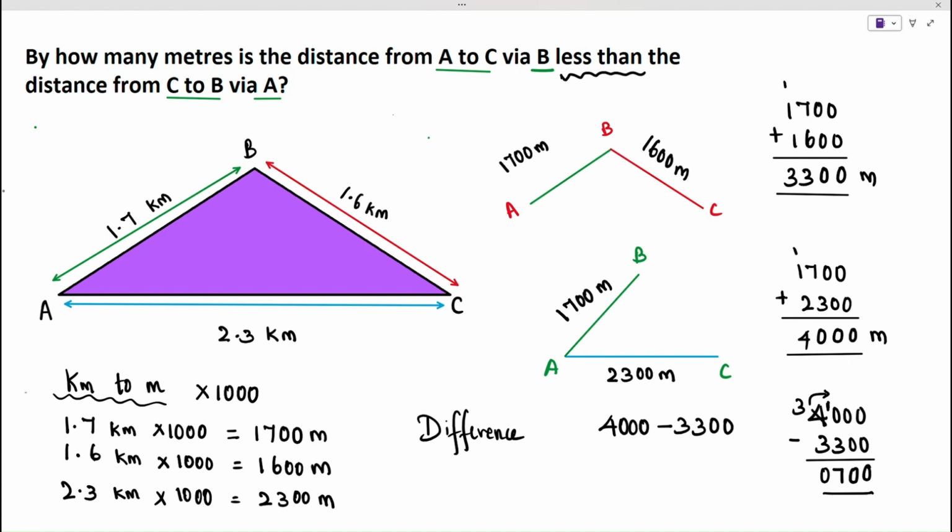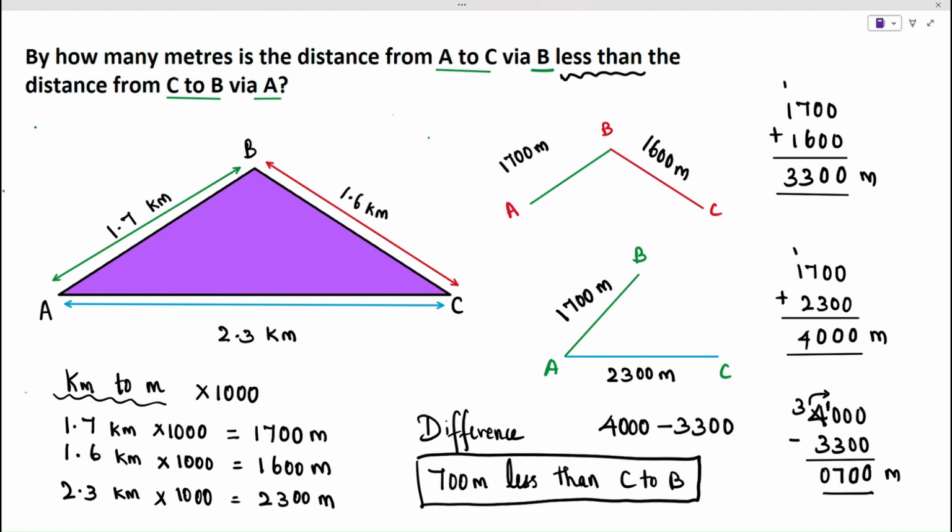So the distance from A to C via B is 700 meters less than the distance from C to B via A. With these kinds of questions, it's nice to break it down into steps where you can easily find a way to get your answer.